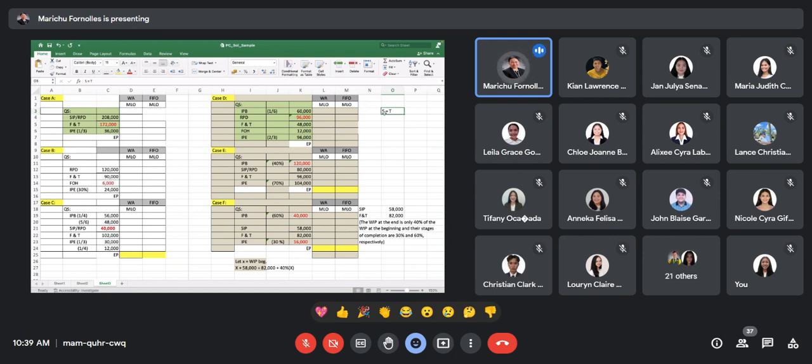So going back to the sources, there are 3 possible sources of where the units assigned this month to be worked on came from. So they may come from the work in process beginning, the units that were started last month in this department but were not completed yet last month.